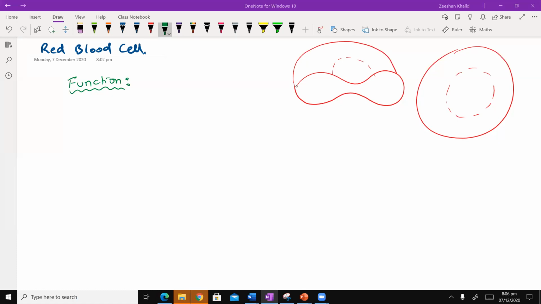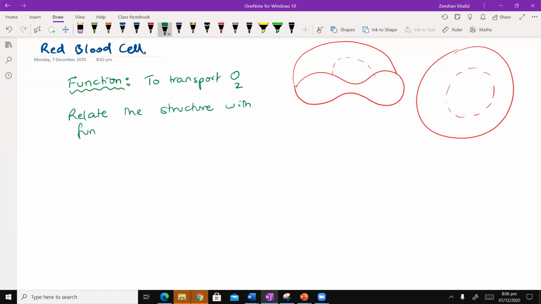All right, so yes, exactly. As you rightly said, the function is to transport oxygen around the body, of course, to different parts of the cells. Now, what we have to understand is we have to relate the structure of the red blood cell with the function.